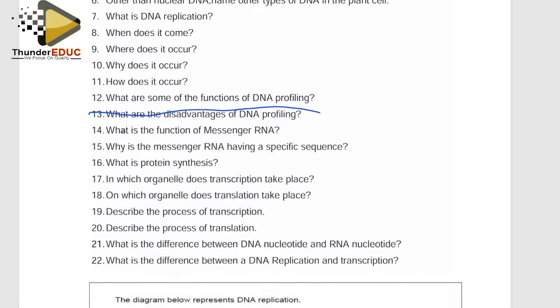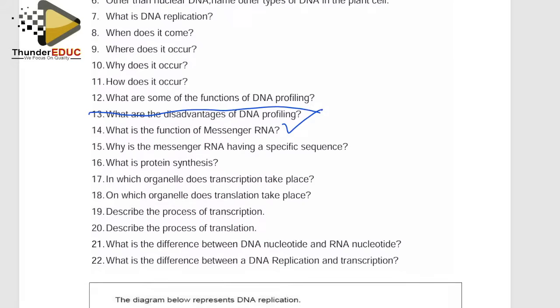Then they're asking a question. What is the function of a messenger RNA? The function of messenger RNA is to carry coded information from DNA for protein synthesis. That's its major function. If they ask why the messenger RNA is supposed to have that specific sequence, it's because it carries specific information which determines the specific sequence of transfer RNA with the amino acids, leading to a specific protein.